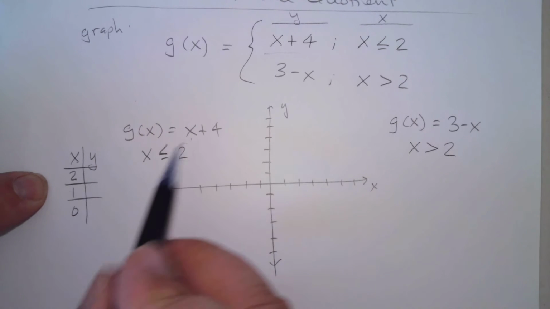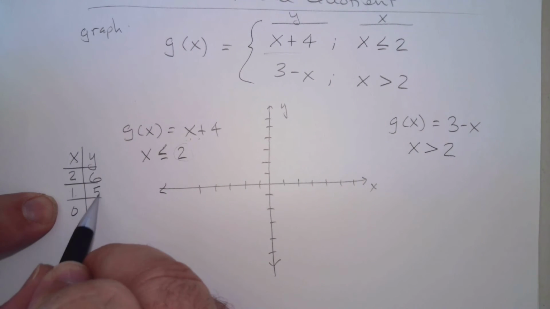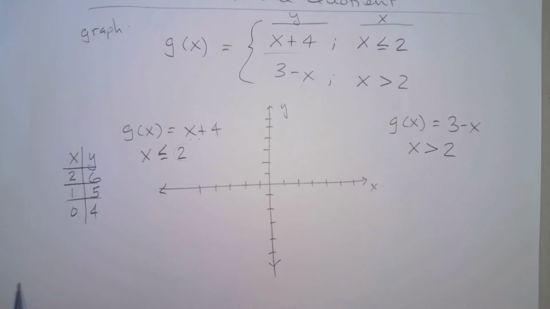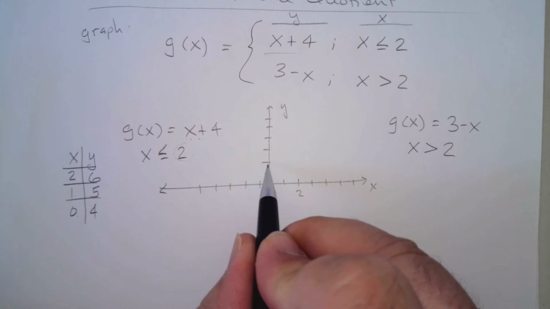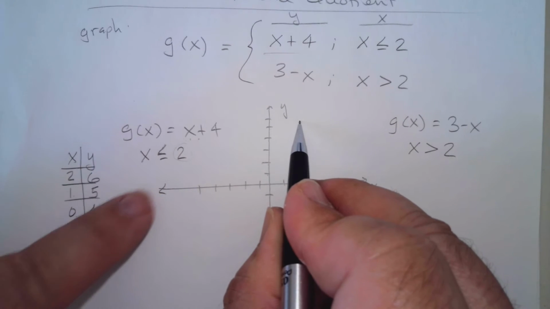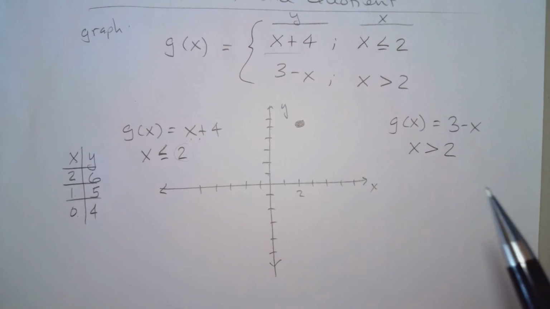If x is 2, 2 plus 4 is 6. If x is 1, 1 plus 4 is 5. If x is 0, 0 plus 4 is 4. So at 2, 6, because it's equal, I have a solid dot there.